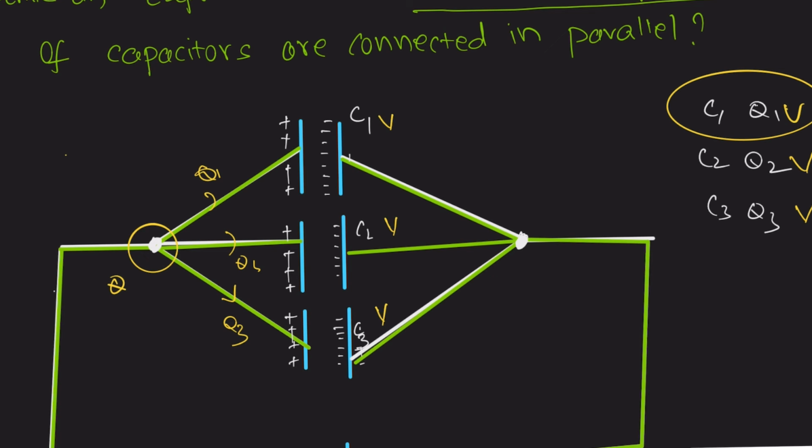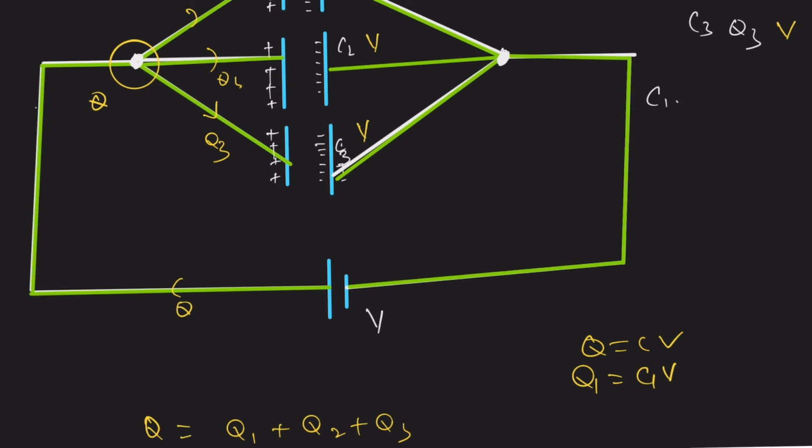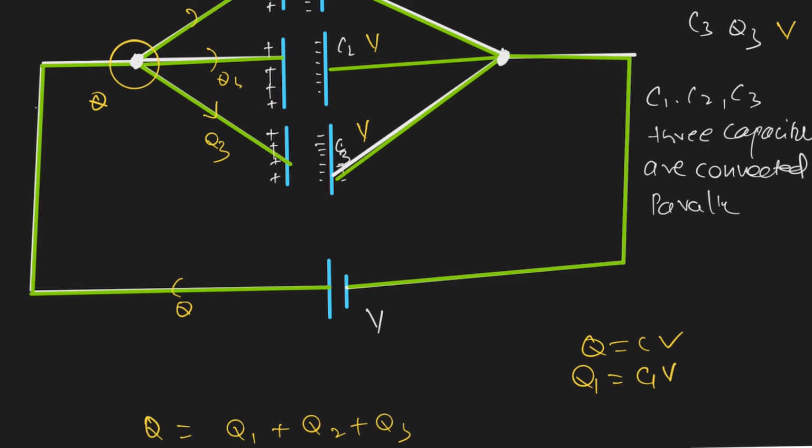How do you write the answer for this question? First, C1, C2, C3, three capacitors are connected in parallel.